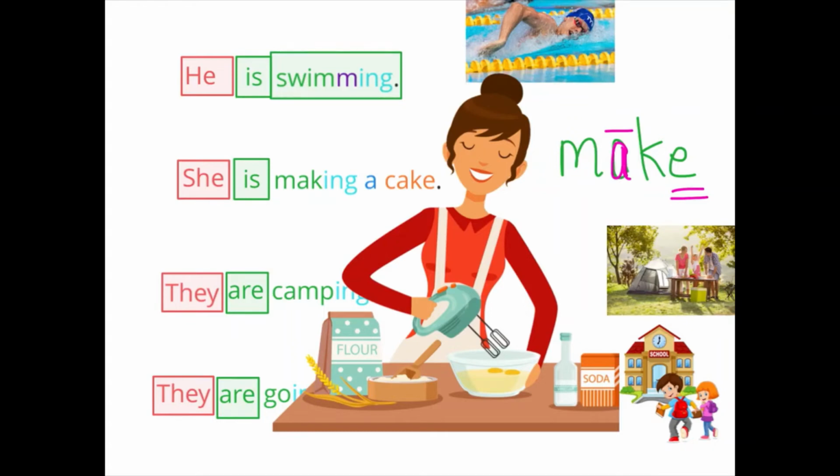Can you imagine if we did not have an object? If we just say she is making, that would not really make sense. When you say someone is making, we want to say making what? So we would say, what is she making? We have a question. So we need an object after it to tell us what she is making. She is making a cake.